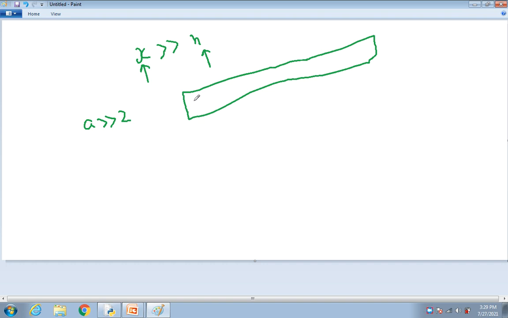If a equals 20, how is 20 written? It is written as 0 0 0 1 0 1 0 0. This was your 20. What you have to do is shift it 2 steps right.